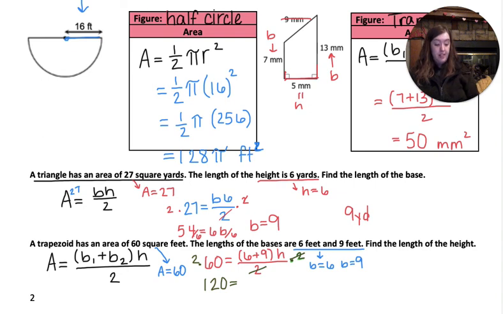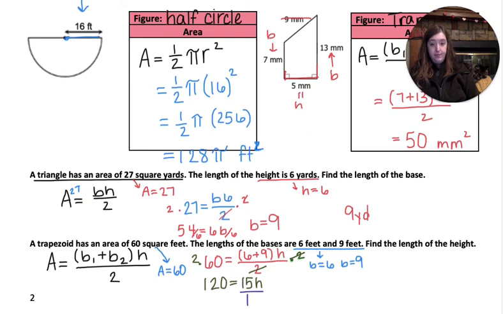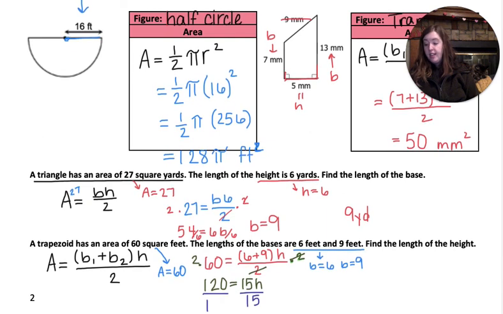I know 6 plus 9 is 15. He's being multiplied by H. So then to get H by itself, we're going to have to divide by 15. So if we take 120 and divide it by 15, our height is going to equal 8.